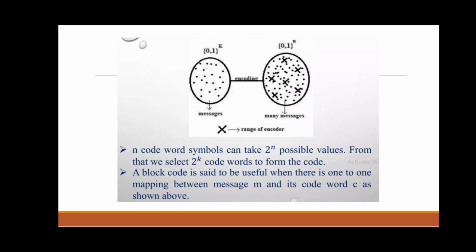But we have only k bits at the input, that is the message. The number of possible combinations for the k information bits is 2 to the power k, which is less than the code word combinations we can get with n bits. So there are possibilities of getting invalid code words, because only 2 to the power k code words will be valid from the 2 to the power n possible code word values.